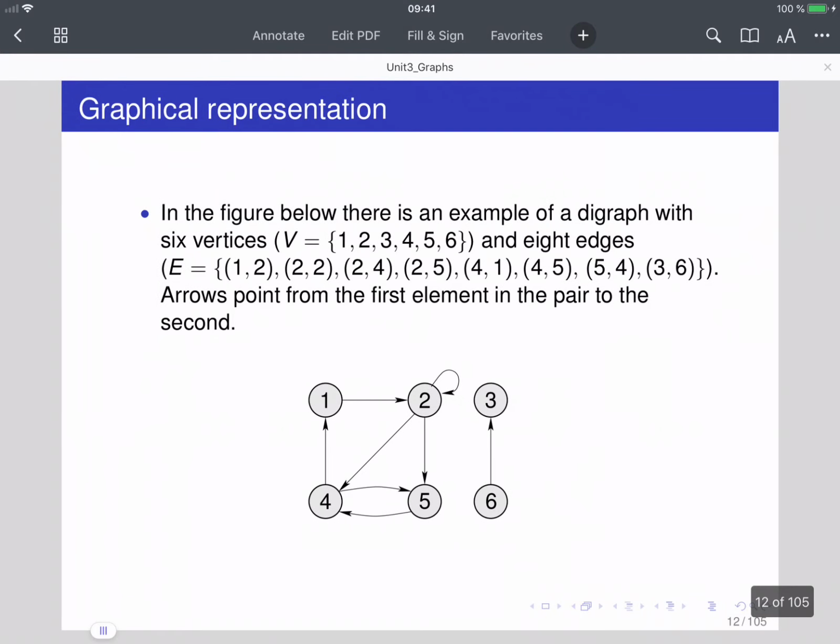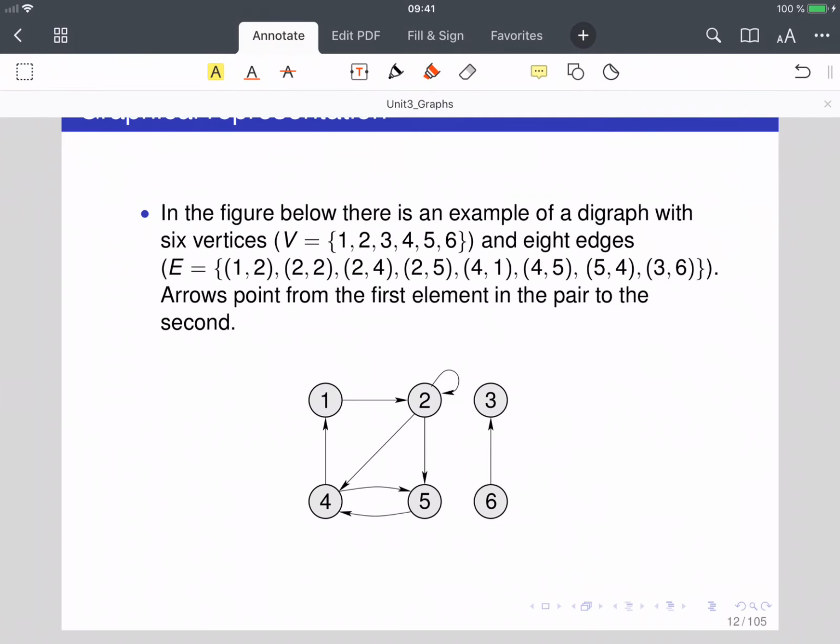Okay, so here we have another example, in this case of a directed graph. Okay, again we have 6 elements in the graph. We have 6 vertices, and we have now many more edges, and these edges are oriented.